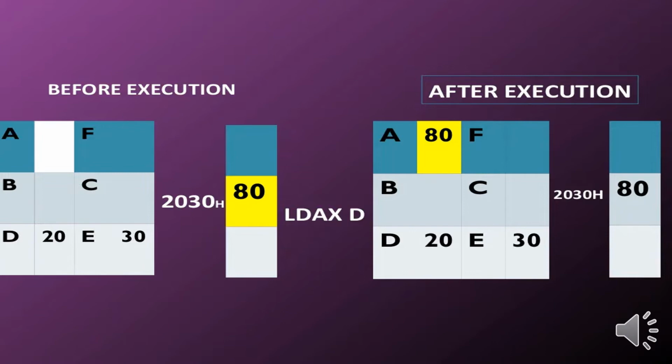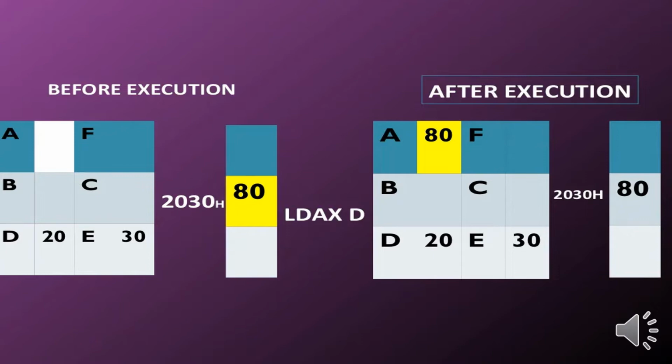After the instruction, the content of memory location 2030H, which is addressed by the DE register pair, with D register 20 and E register 30, is transferred into the accumulator by using the LDAX instruction. So it indirectly loads the accumulator with the content at the address stored in the DE register pair.